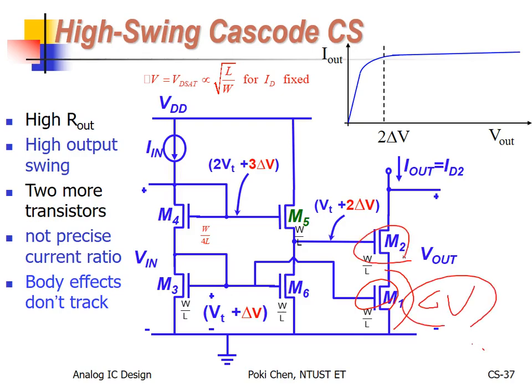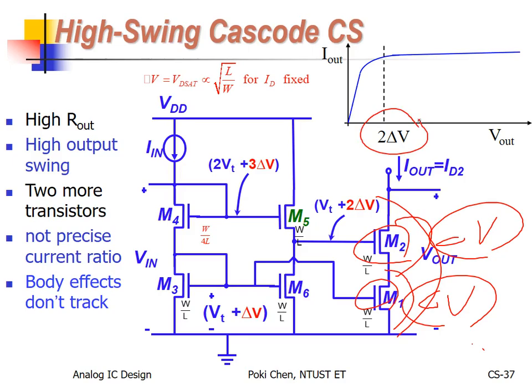And according to the cascode, for M2 another delta V, in theory, to make M2 operate in saturation region. That's it. So what is the minimum operation voltage for your I out? In theory, 2 delta V.